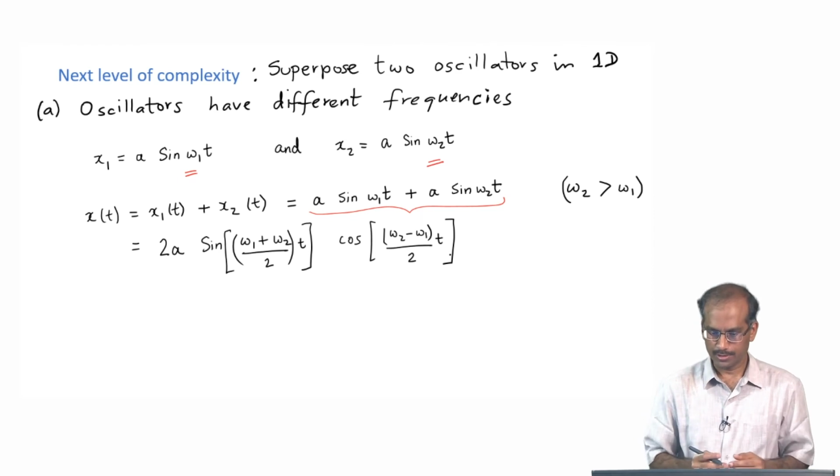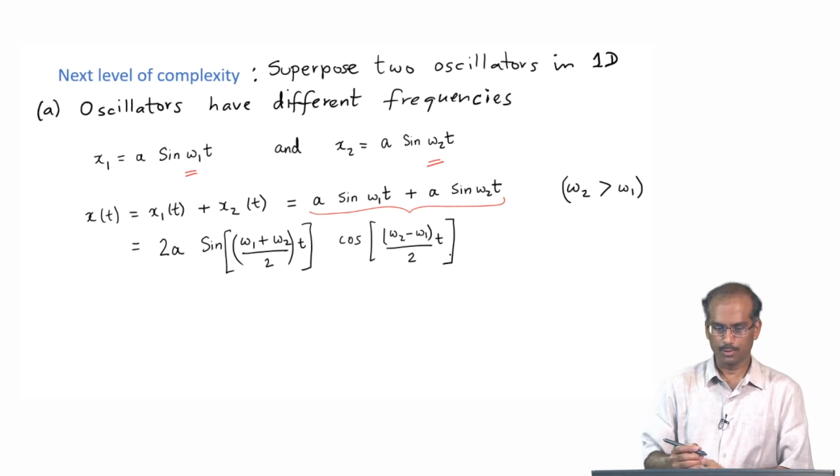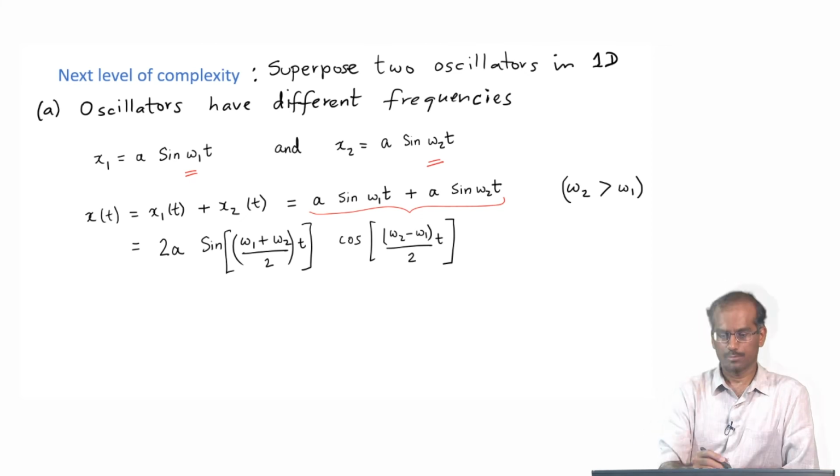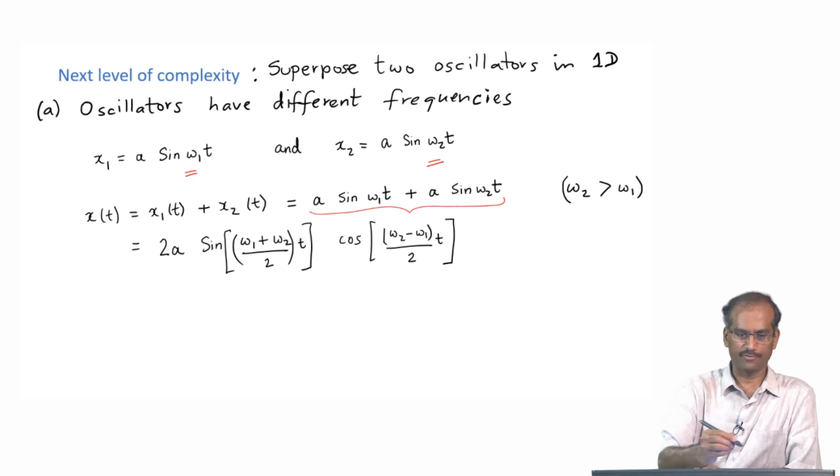What you see is that I have again an oscillatory solution. If you like, you could think of the solution to be some sin omega t, where the amplitude itself is dependent on time. So, to do that, let me just rewrite it slightly differently.